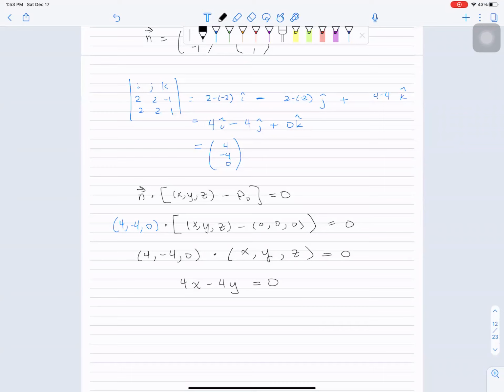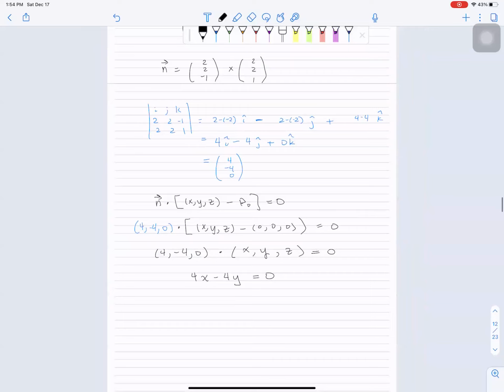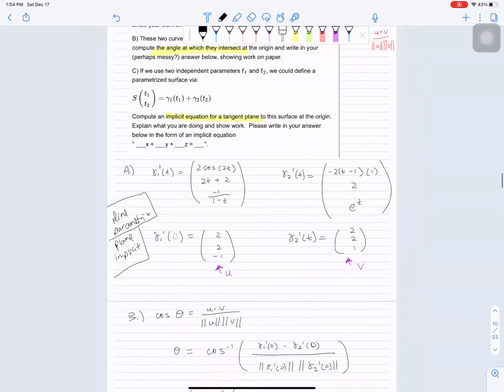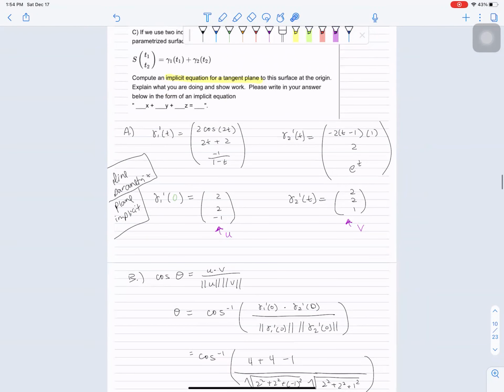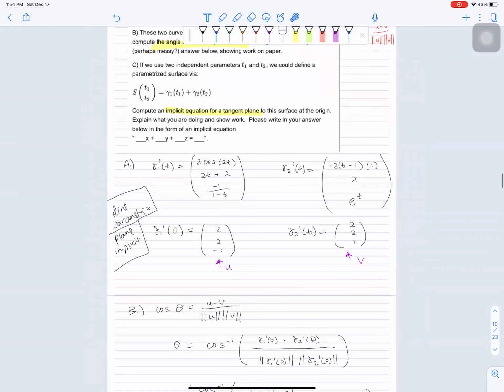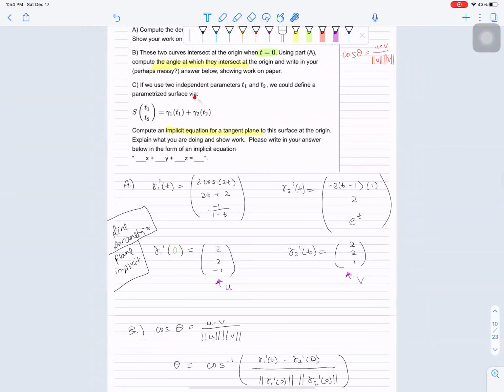Okay, so the question is, how might you convert from implicit to parametric and parametric to implicit? For example, you have this plane and we can write it parametrically.